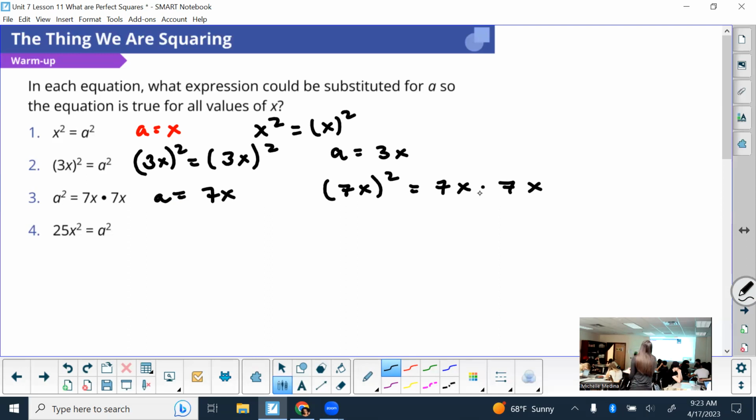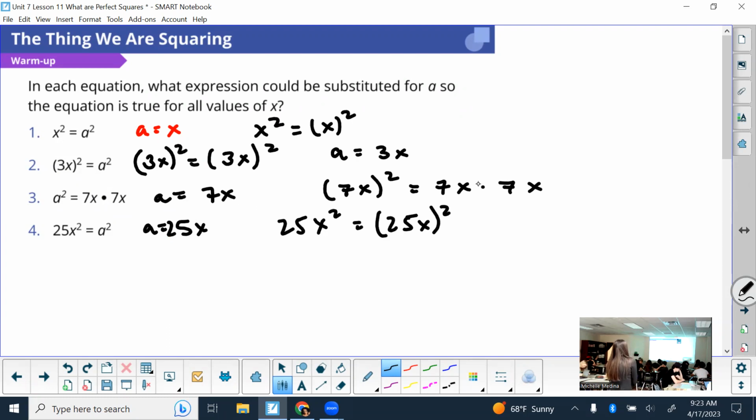Table 7, what should go into the A for this one? 25x. Anyone disagree with that? So if I plug in 25x for the A, what that is really telling me to do is multiply 25x by 25x.